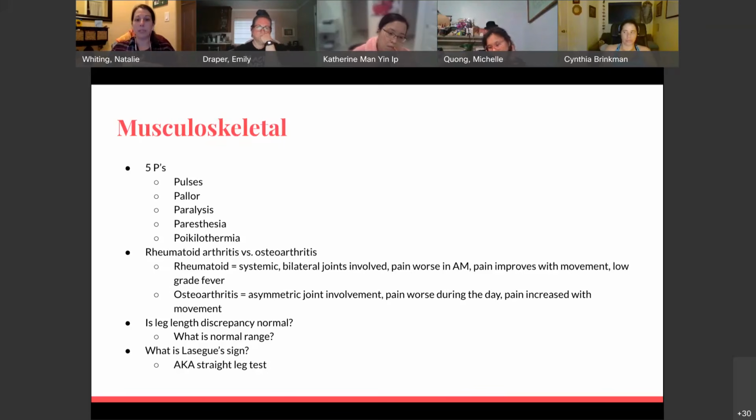And then what is Lasegue's sign? I don't know if I said that right. It's been a long time. It's also known as the straight leg test. You know what that test's for? No. Okay, so they're going to test the range of motion, and when it gets to a certain degree, I'm not quite sure what degree they qualify it as, if they start eliciting a pain response when they bring that leg up, that's going to be a positive sign.